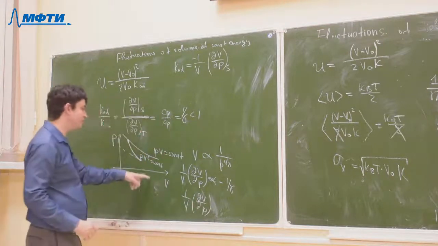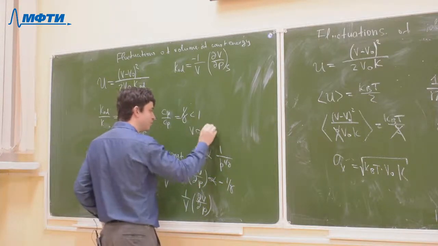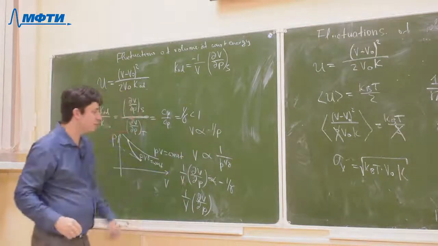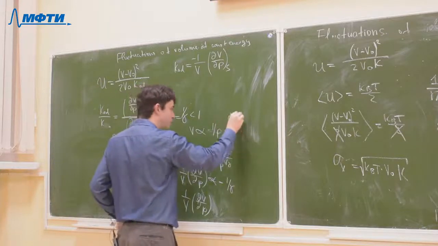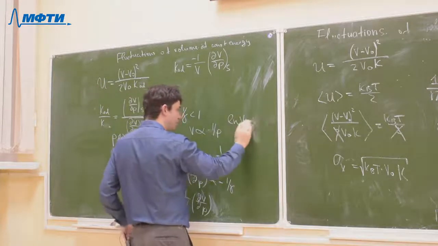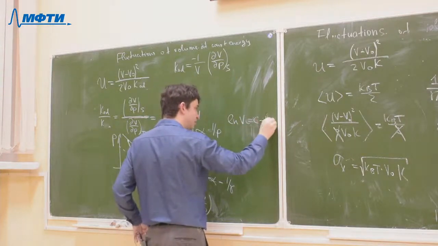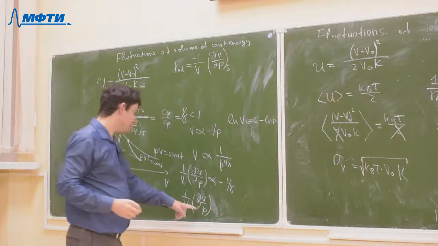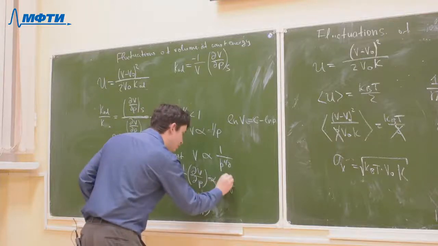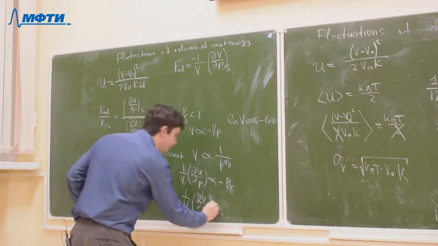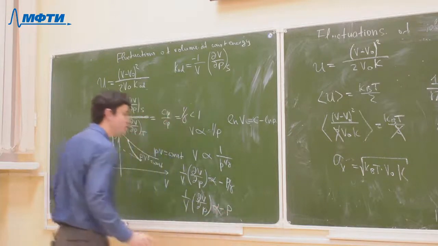The logarithmic derivative of volume for the isothermal process: here we have volume which is inversely proportional to P, and then the logarithm of V is some constant minus the logarithm of P. Here it should be minus 1 over gamma times pressure, and here it should be equal to minus 1 over pressure.